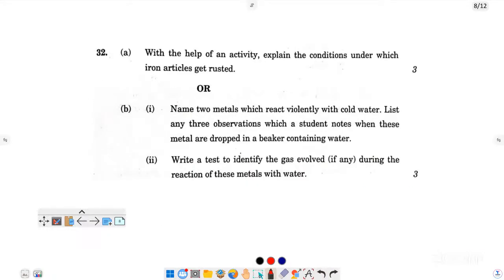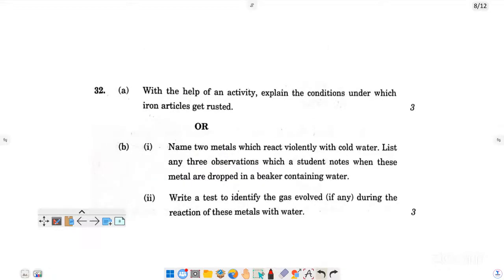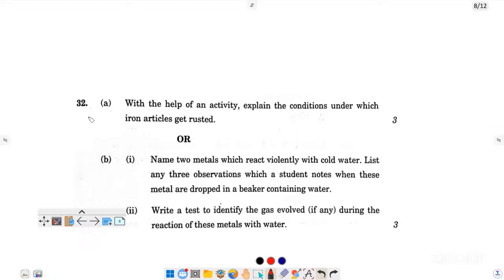Next question. With the help of an activity, explain the condition under which an iron article gets rusted. So here the activity will be: simply take an iron metal in a test tube and heat it with steam.